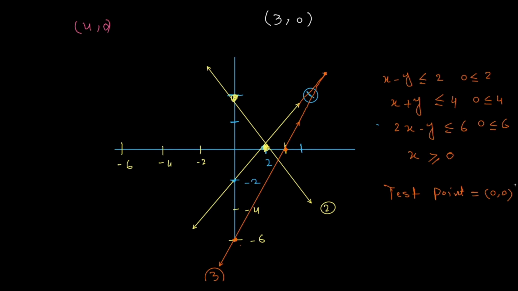So the common region, we actually want to find the common region. Our common region will be in all these cases for x, if the solution is towards origin. This line has its solutions toward origin, this line has also solutions toward origin.